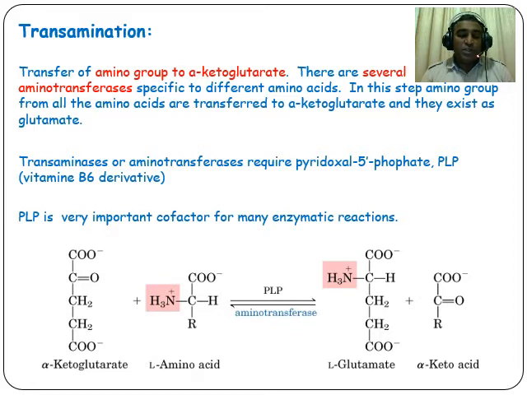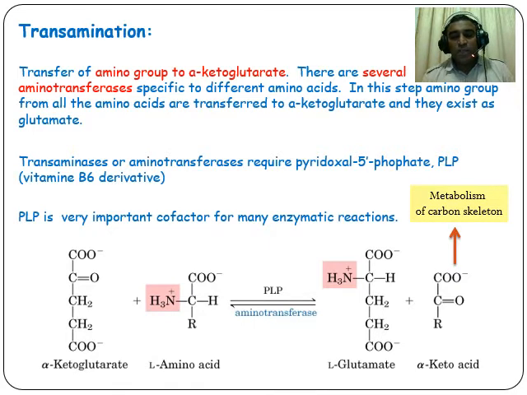There are 20 amino acids, and this will then produce glutamate and also the keto acid. This keto acid, the carbon skeleton, will then proceed for metabolism, such as the keto acid could be oxaloacetate or pyruvate, and be utilized in energy production.